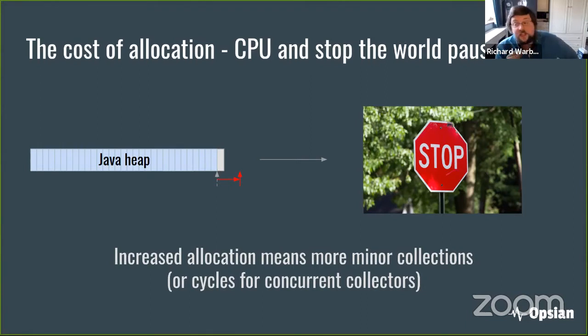And the result of that is that the work involved in a collection scales with the amount of live objects inside memory, not with the allocation rate. It's a fair point, but even in those situations, increased allocation rates entail more minor collections, and they can also cause other knock-on effects like premature promotion, in which certain objects get bumped up to tenured space, where with a lower allocation rate, they wouldn't be.